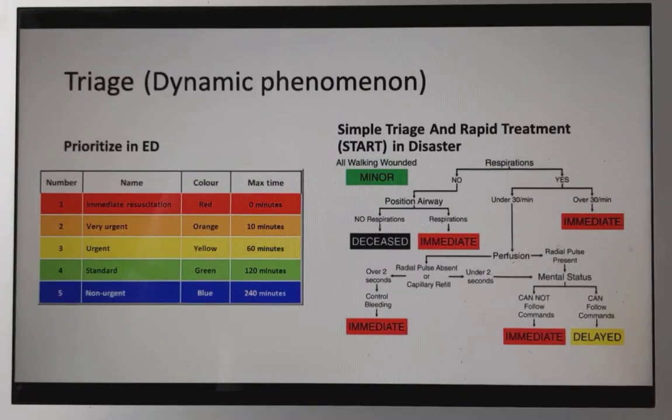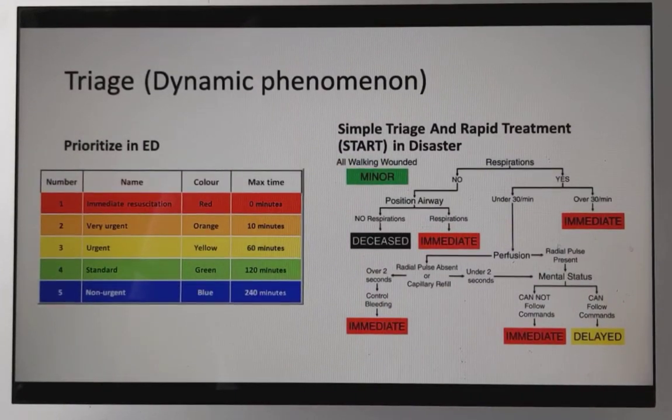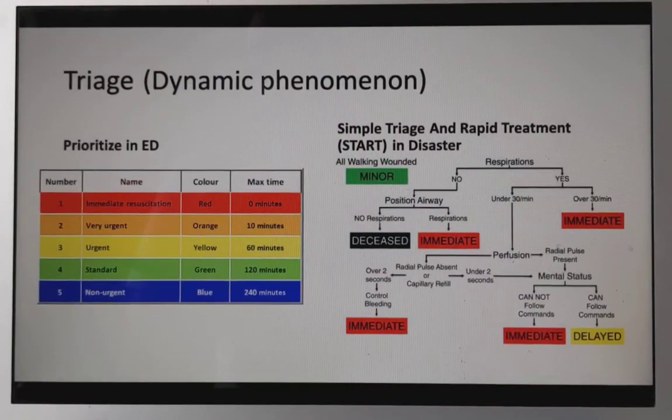But if they are not following commands, it means there is a problem in their D. So again, this is a simple flow chart, but it helps to identify an immediate emergency based on simple principles, by simply assessing their ABCDs.